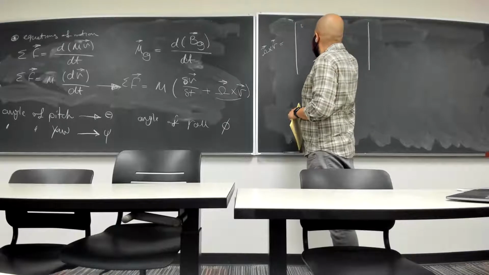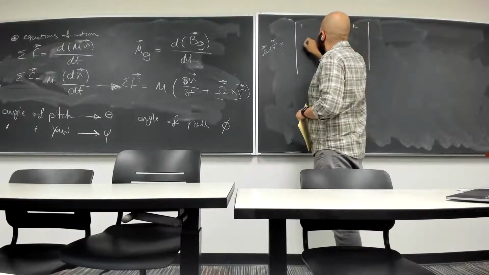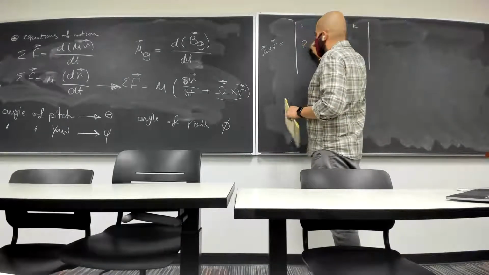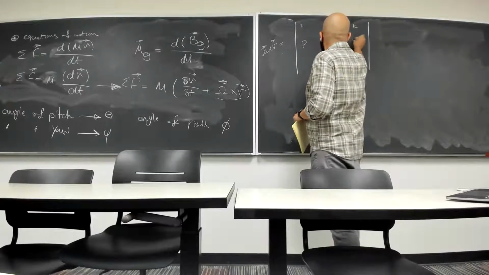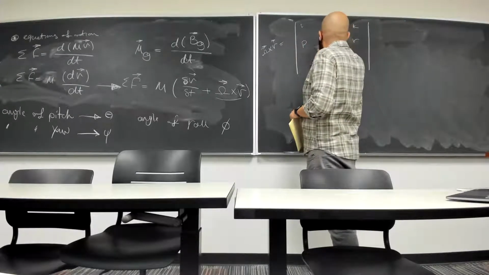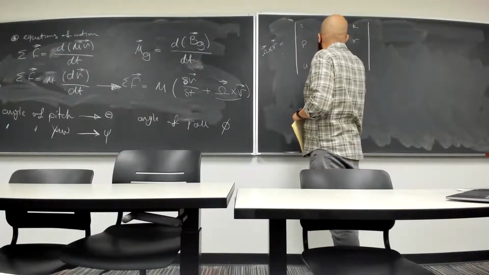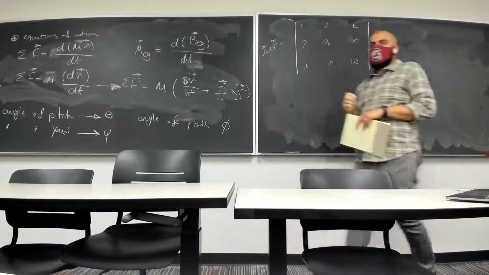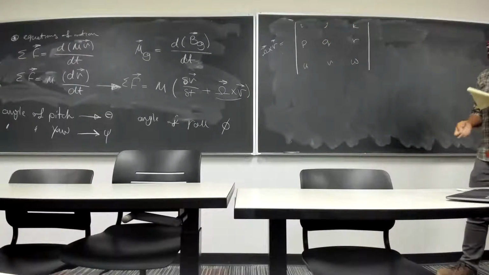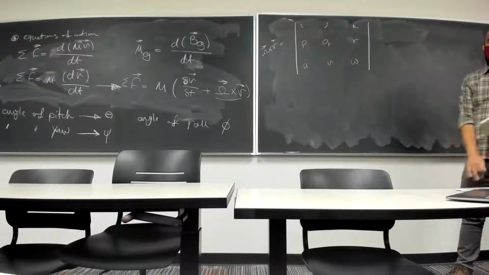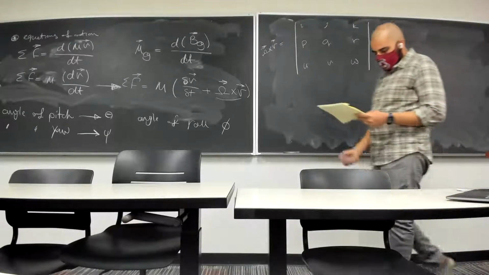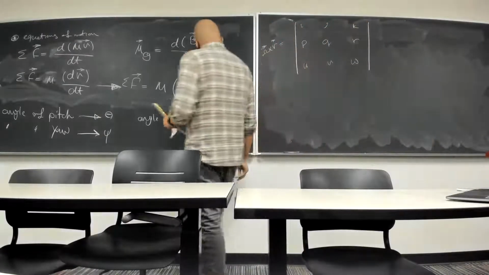So you're going to have i, j, k, and for omega cross V, p, q, r and u, v, w.